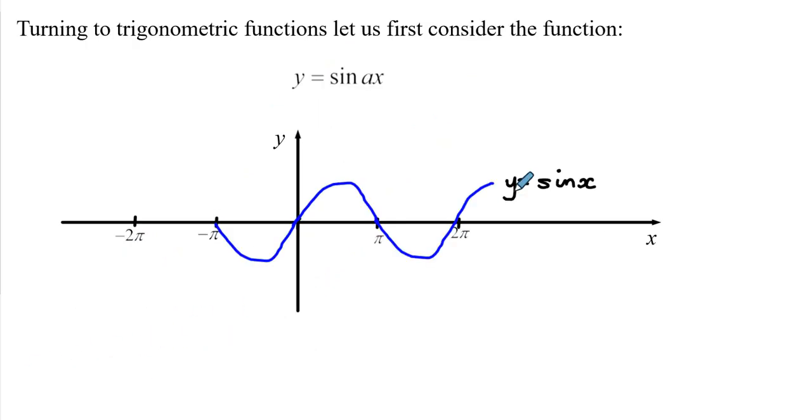Now, let's consider the function y is equal to sine x. And this is its standard curve, in this case from minus pi to 2 pi. We can't talk of sine without talking about cosine, because cosine is nothing other than sine of the complementary angle.